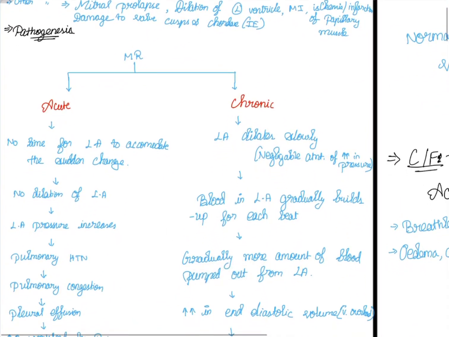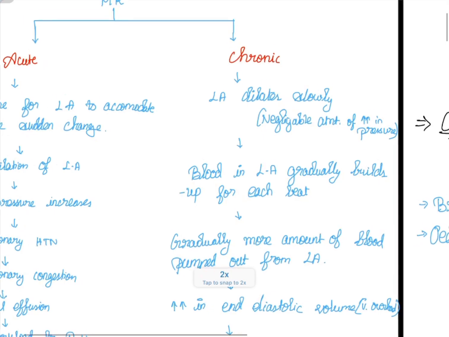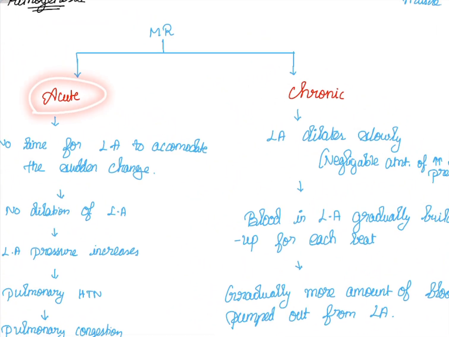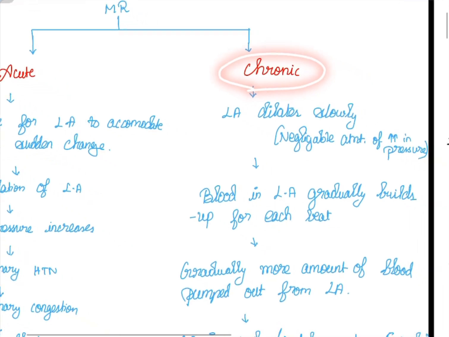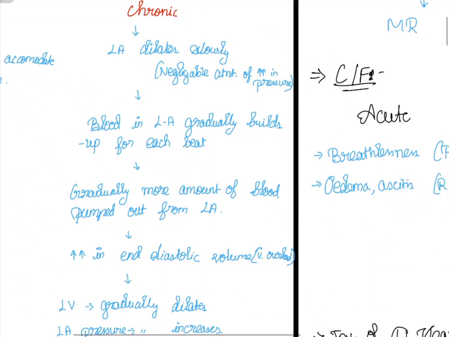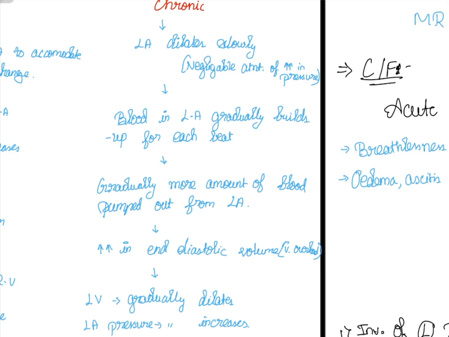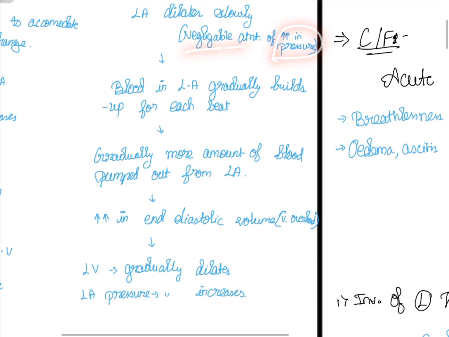Now let's see the pathogenesis of mitral regurgitation. There are two types: one is acute in onset and another is chronic in nature. First we see the chronic type. In chronic mitral regurgitation, the left atrium dilates slowly. So the increase in pressure is initially negligible, but the blood in the left atrium gradually builds up with each beat.